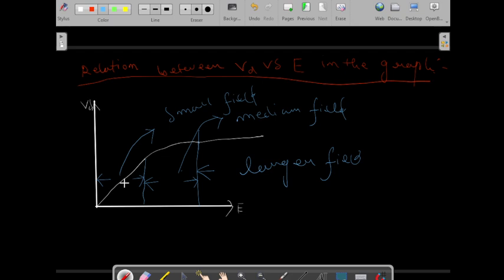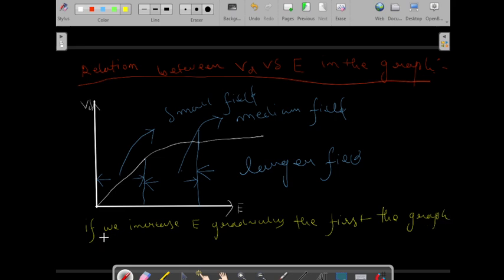So if I write it in a sentence: if we increase E gradually, then first the graph is linear for small field.